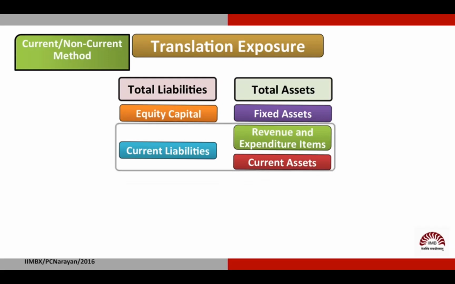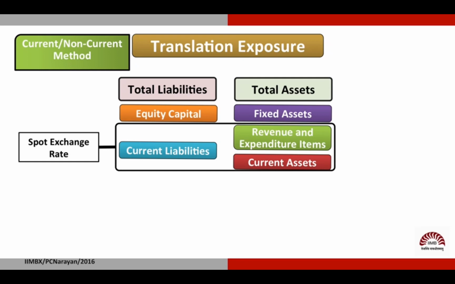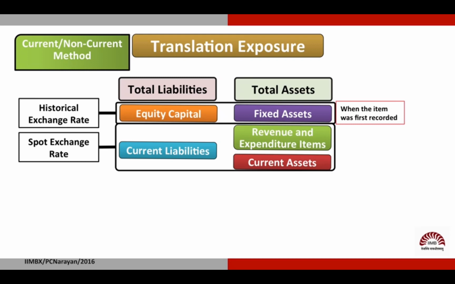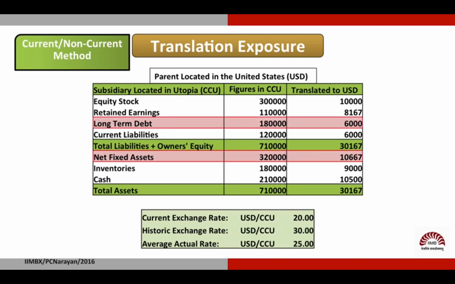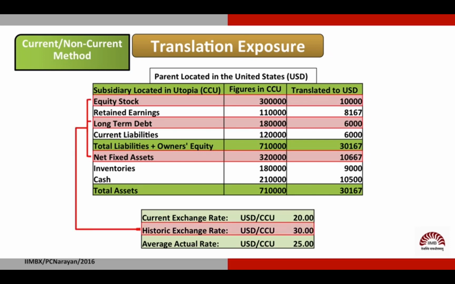For example, current assets and current liabilities are short-term in nature and therefore should be translated at the spot exchange rates, and non-current assets and liabilities such as fixed assets, owner's equity, etc. should be translated at the historical exchange rate that prevailed when that item was first recorded on the balance sheet.